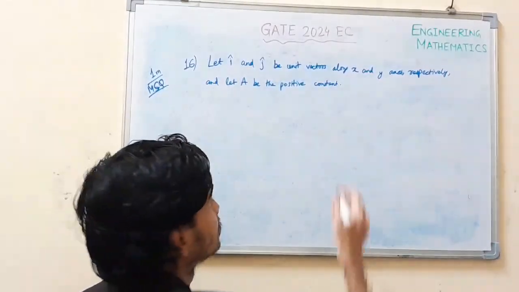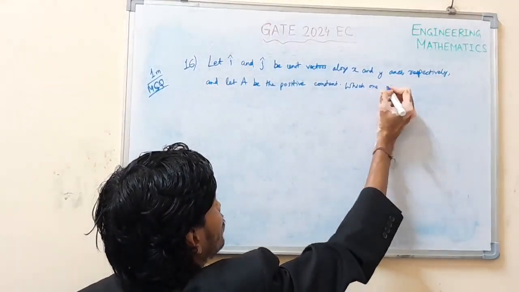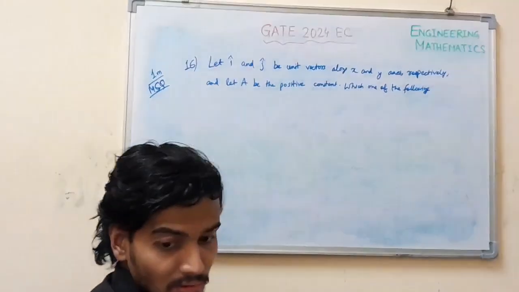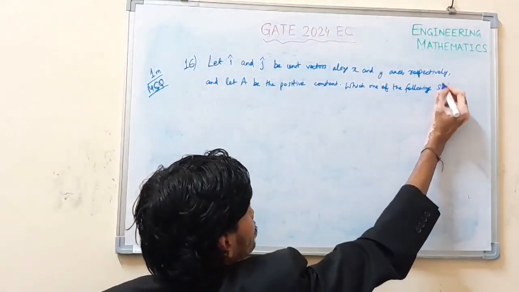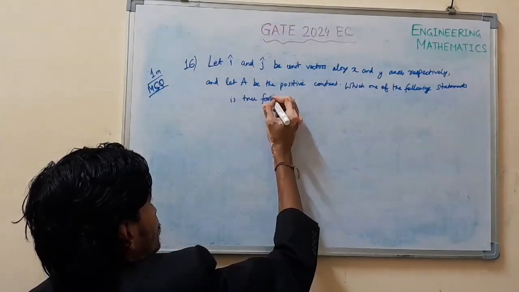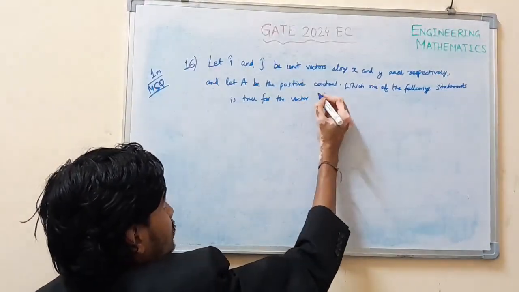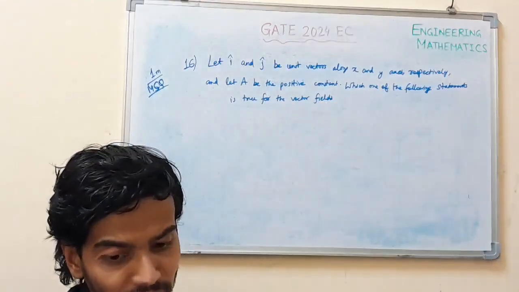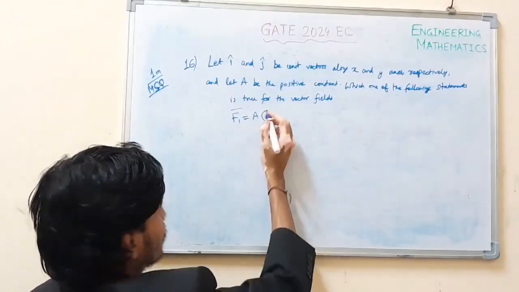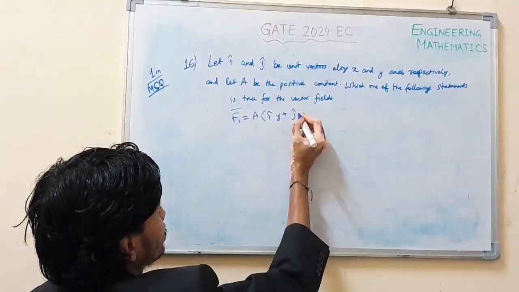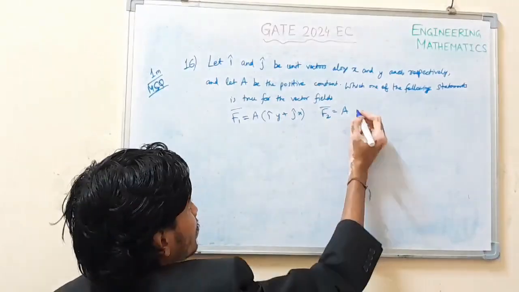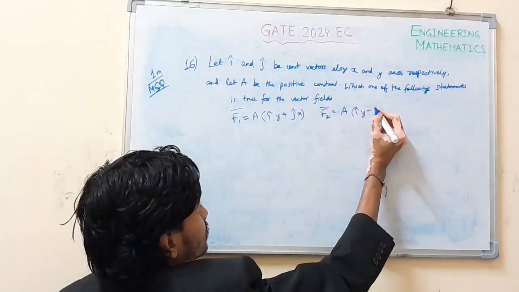Which one of the following statements is true for the vector fields? Two vector fields are given: f1 equal to a times (i cap y plus j cap x), and f2 equal to a times (i cap y minus j cap x).